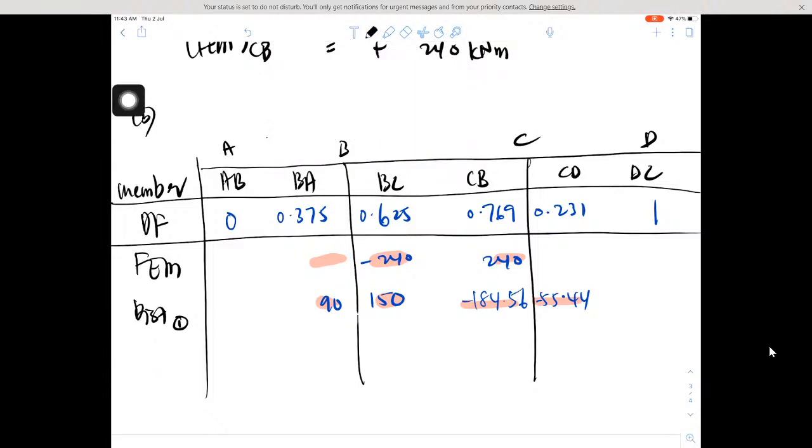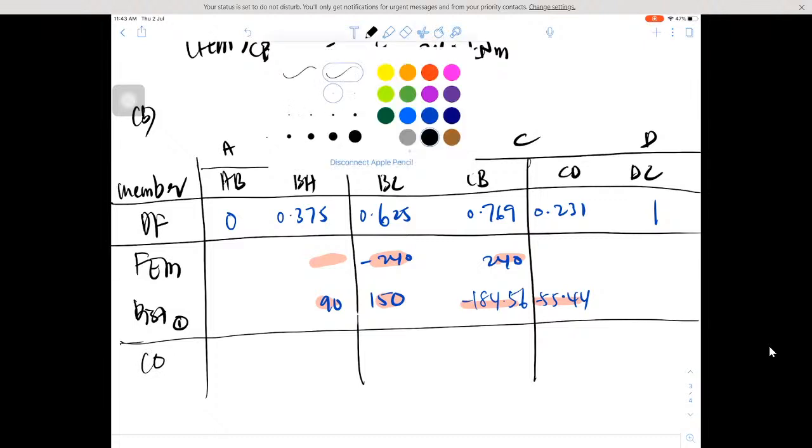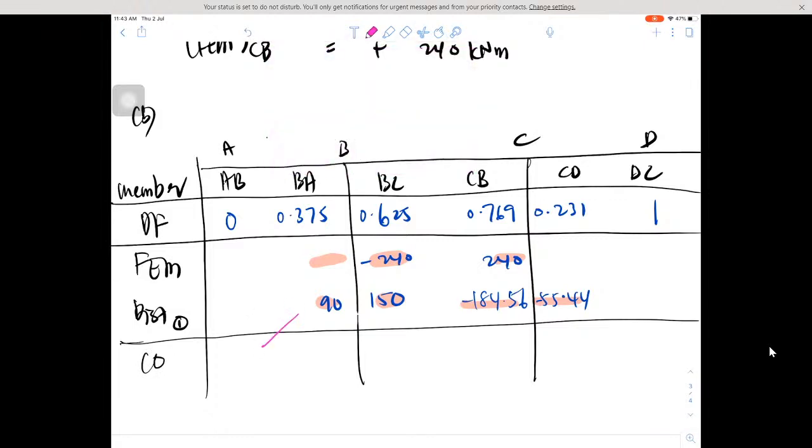Okay, so the next step after distribution is carry over. We carry the value to the opposite joint. Carry over means we need to do this, like this. However, we have to look at the far end condition to determine the factor. For all joints we divide by 2, or times 0.5, except for the end pin.